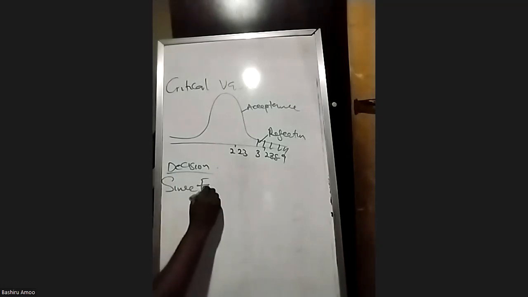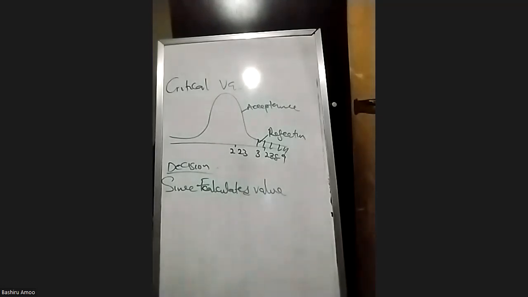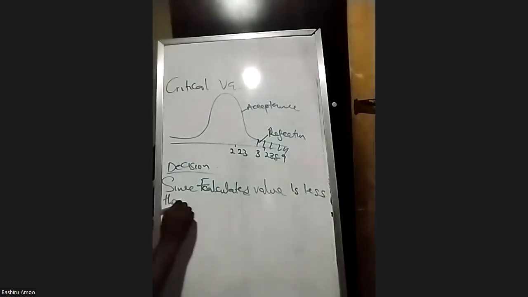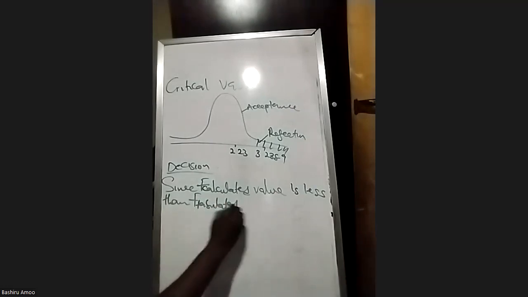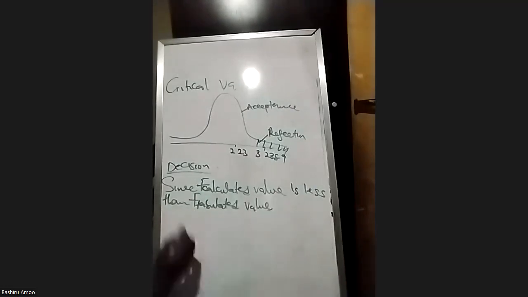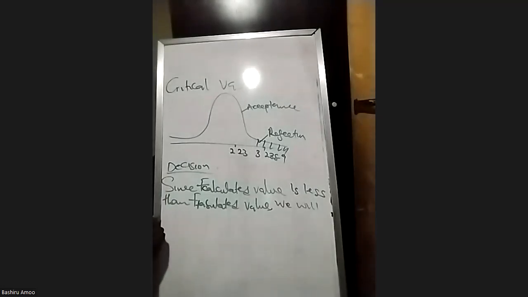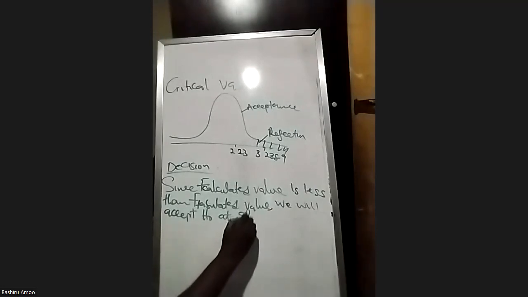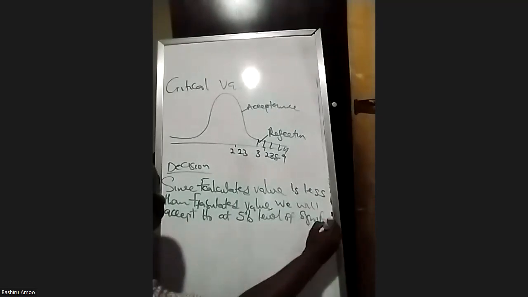So the answer here will be: since the F calculated value is, what we have here, less than the F tabulated value, we will accept the H0 at 5% level of significance.